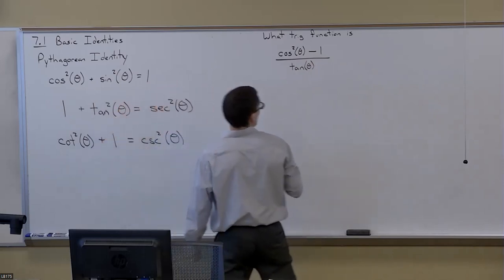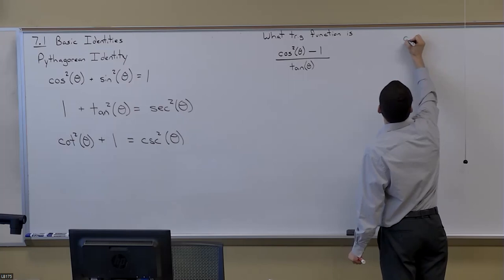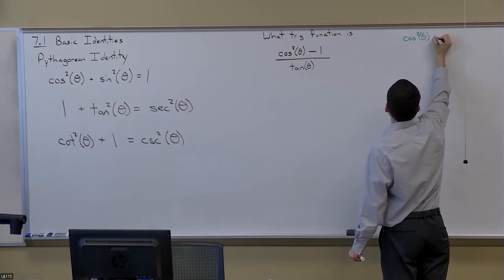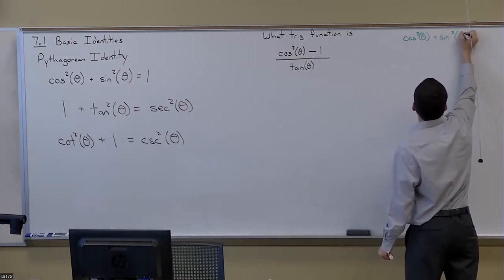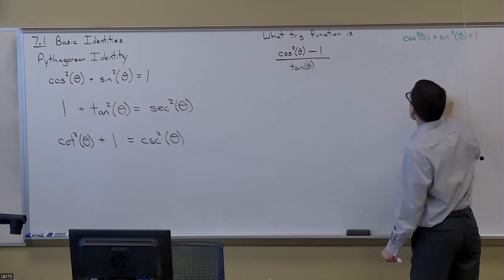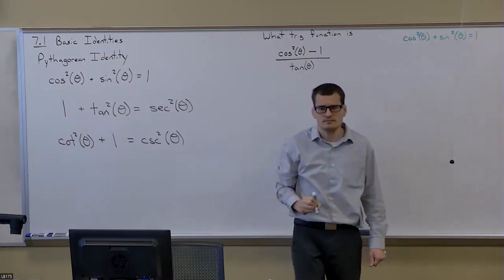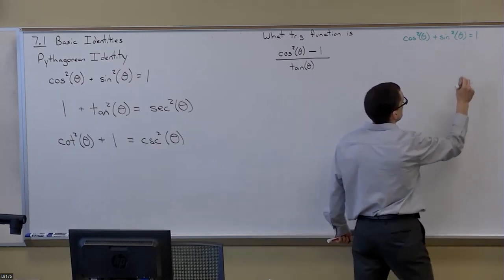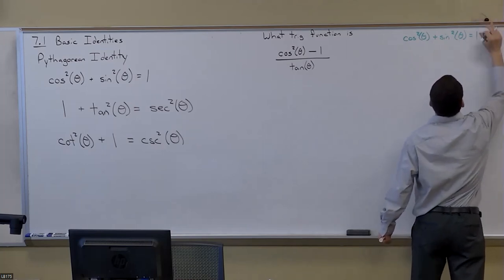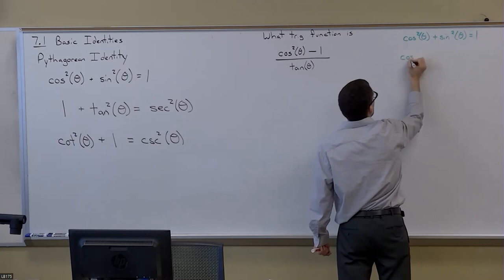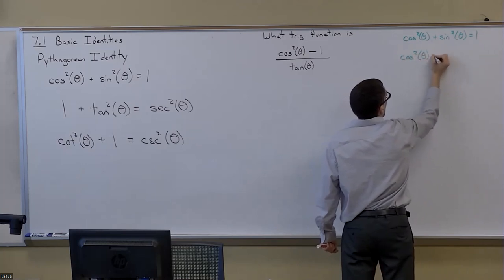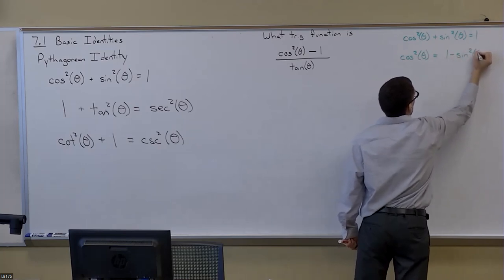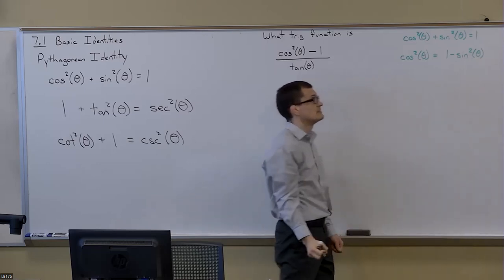You have a couple of choices, but they all deal with needing to manipulate this. Off to the side, I'm going to manipulate this. I can subtract sine squared from each side, and I would get cosine squared is equal to 1 minus sine squared.